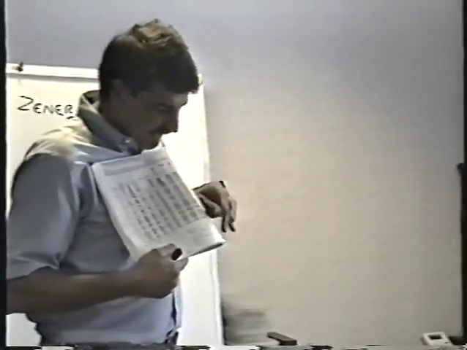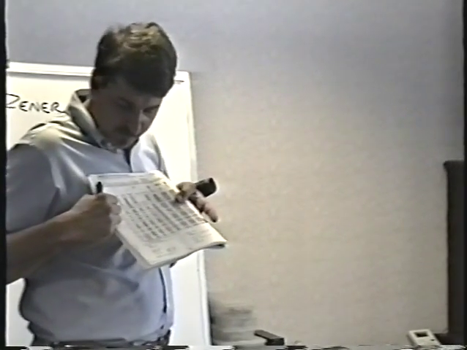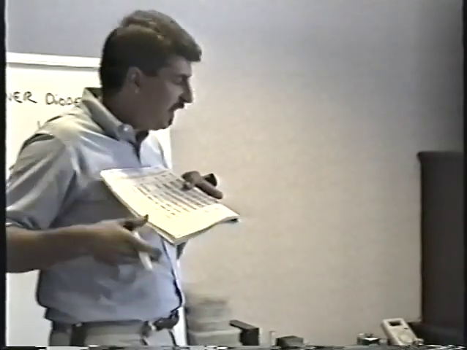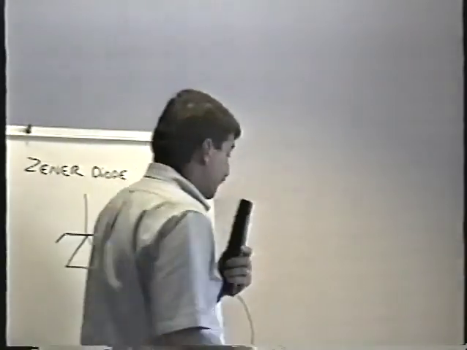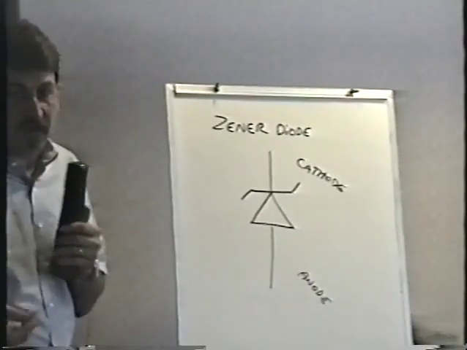And when you look at these voltages, they're real strange. They're like 6.8 and 8.2, 9.1, 10, 11, 12, 14. The Zener diode voltage means something completely different than the voltage rating of a regular diode.